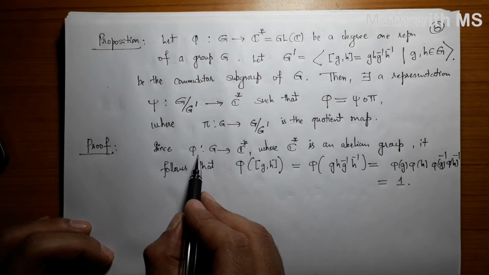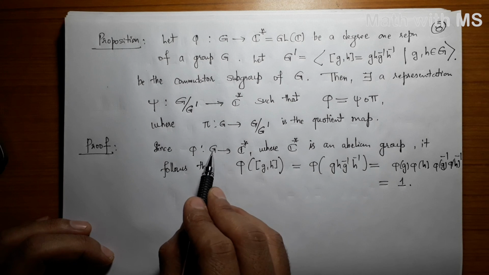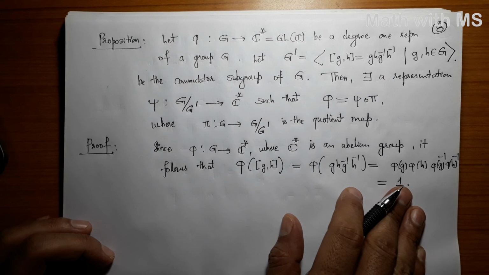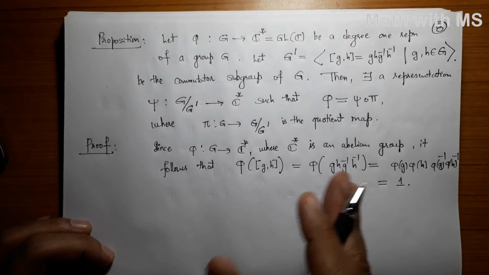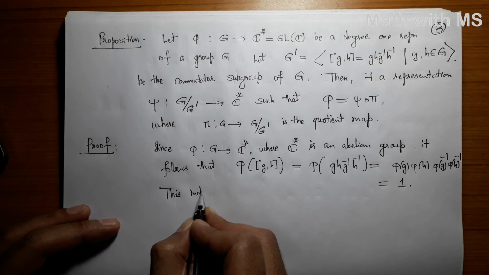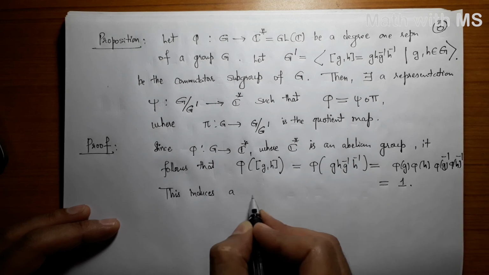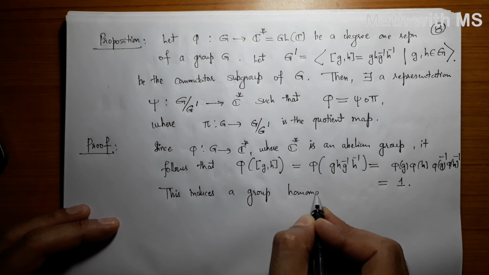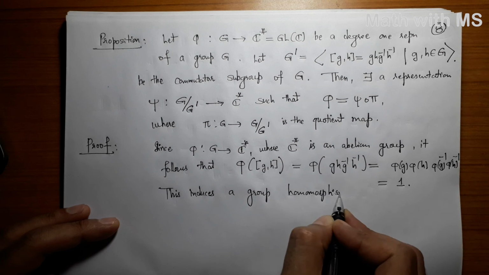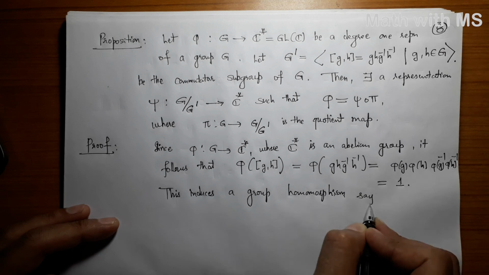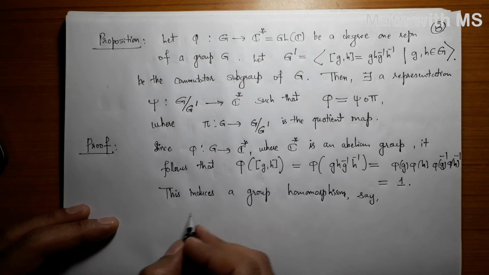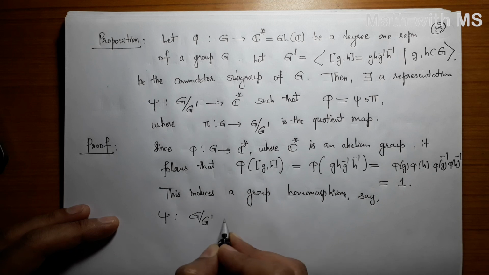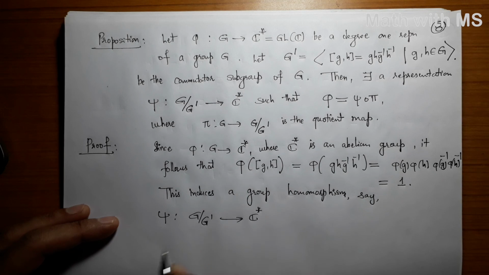So what you see is that any group homomorphism from a group into an abelian group kills the commutator subgroup. That is, the commutator subgroup lies in the kernel. This induces a group homomorphism, let us call it psi, from G mod G prime into your C star.